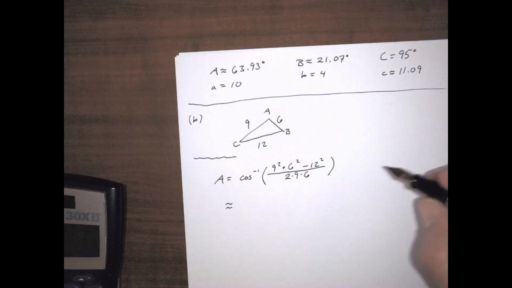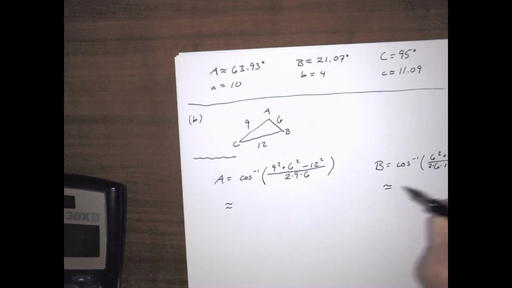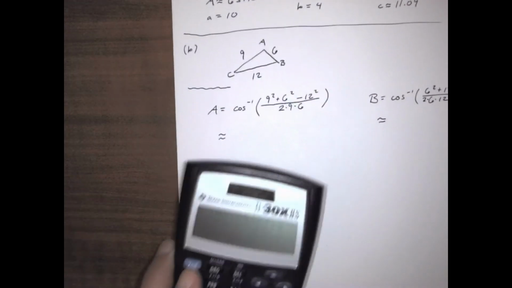And by the same token, B is going to be cosine inverse of 6 squared plus 12 squared minus 9 squared, all divided by 2 times 6 times 12. And that's going to equal whatever it's going to equal, and then we'll just use those to find the C.